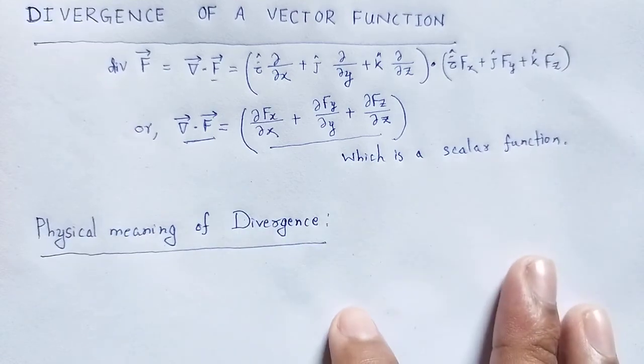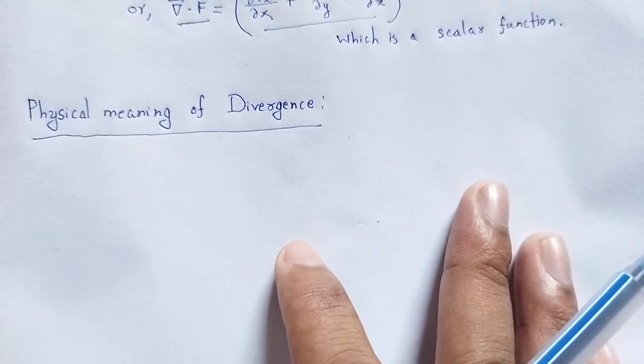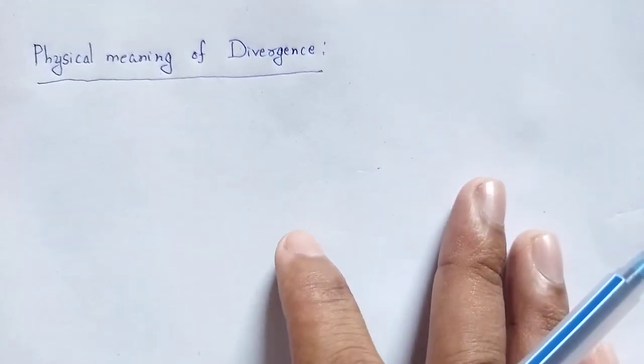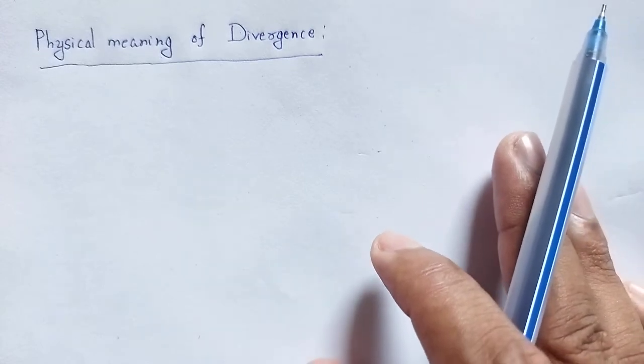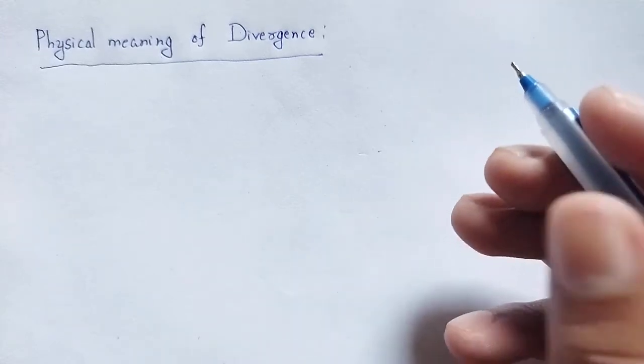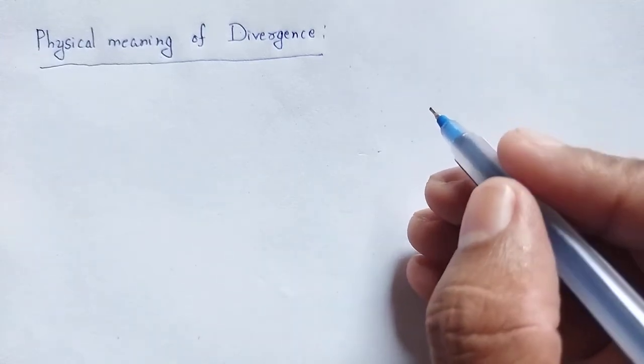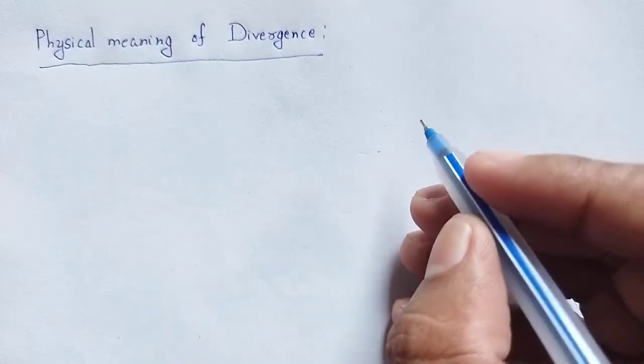Now we have to discuss what the physical meaning of divergence is. Let us see the physical meaning of divergence. To know the physical meaning of divergence, we have to consider a small rectangular parallelepiped. Look at the figure.